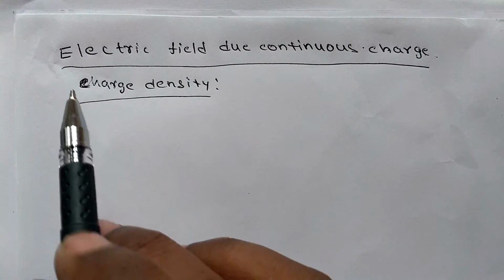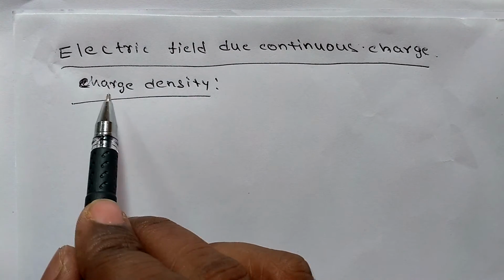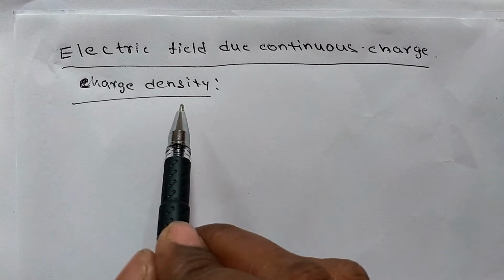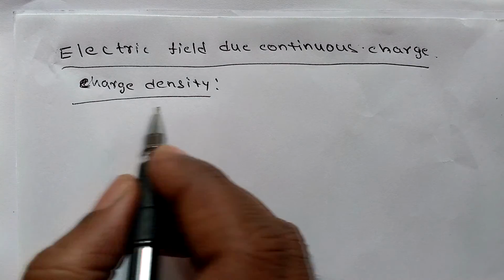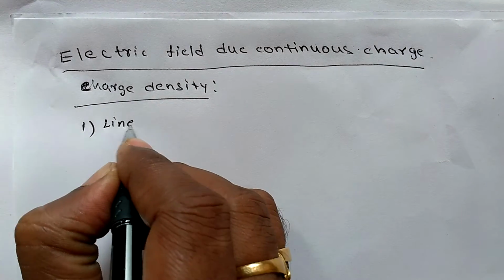This charge distribution per unit dimension is called charge density. Depending on the charge distribution, these charge densities are classified into three categories. Number one, linear charge density.